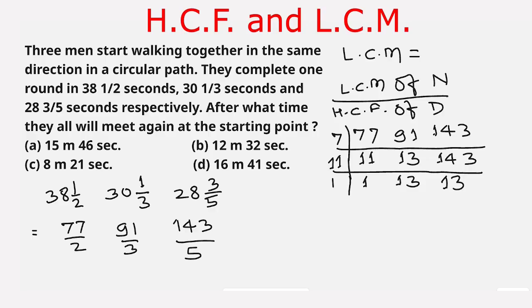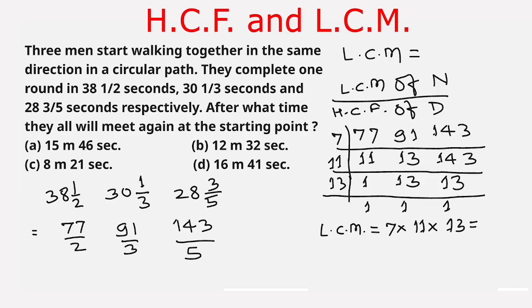Now we divide it by 13. We write 1 as it is. 13 divides 13 for 1 time and 13 divides 13 for 1 time. So our LCM is 7 multiplied by 11 multiplied by 13, and this is equal to 1001.